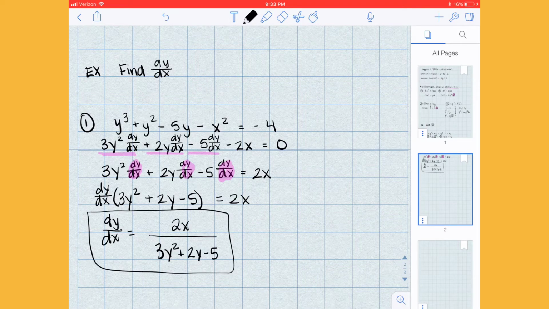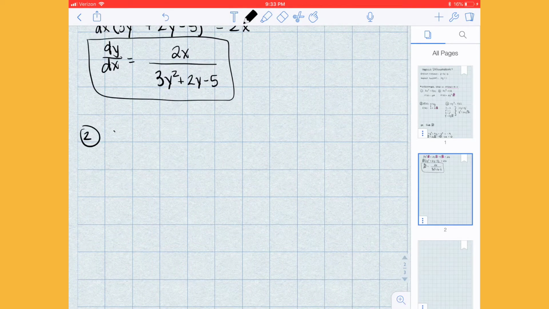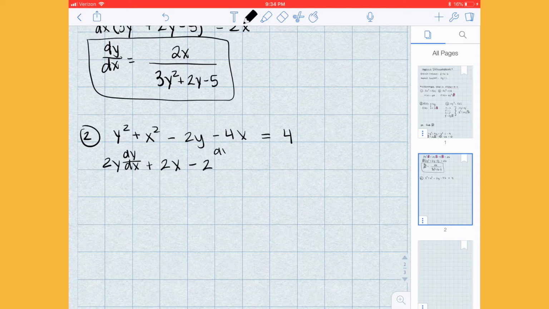Okay? Let's do one more example just to make sure you're feeling comfortable. So let's say we have y squared plus x squared minus 2y minus 4x is equal to 4. This is going to give me 2y dy over dx plus 2x minus 2 dy over dx minus 4 is equal to 0.